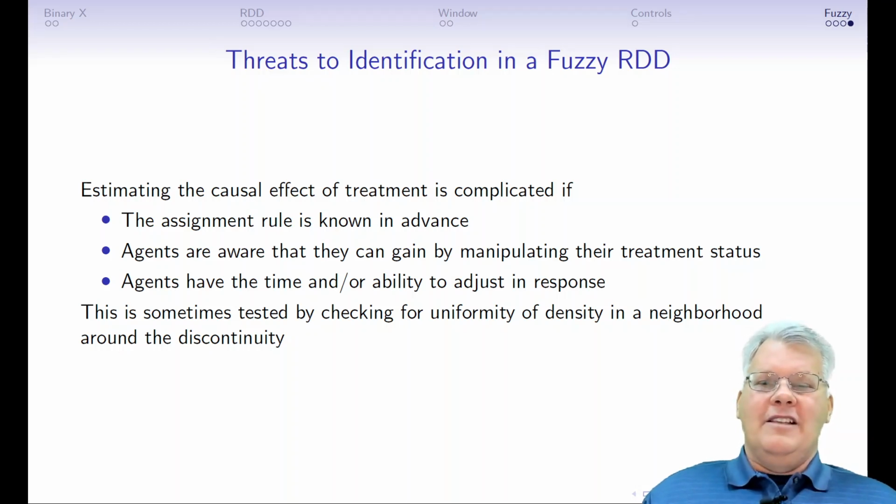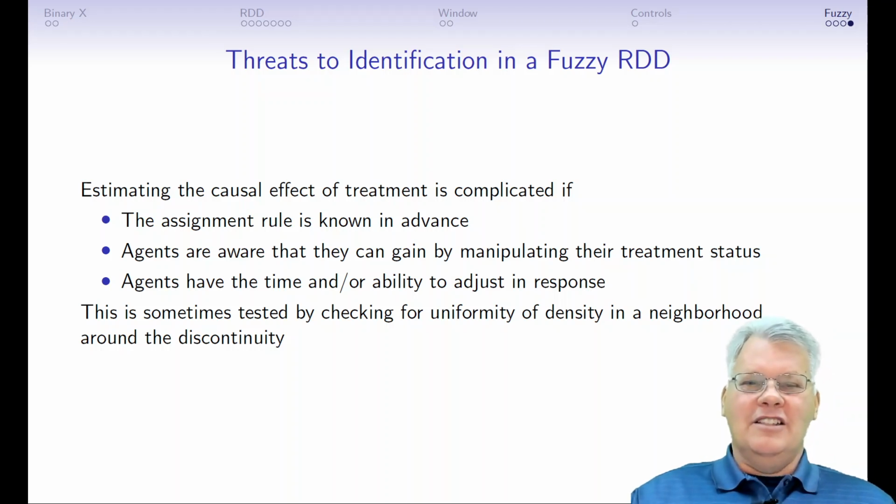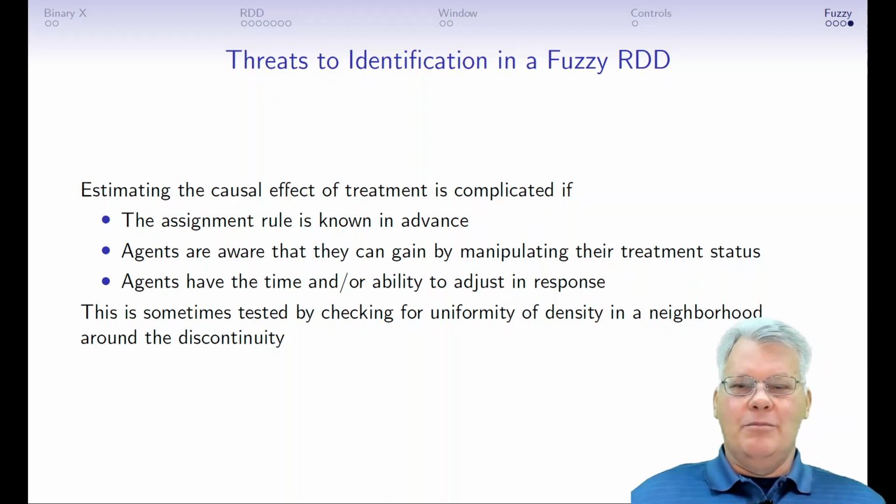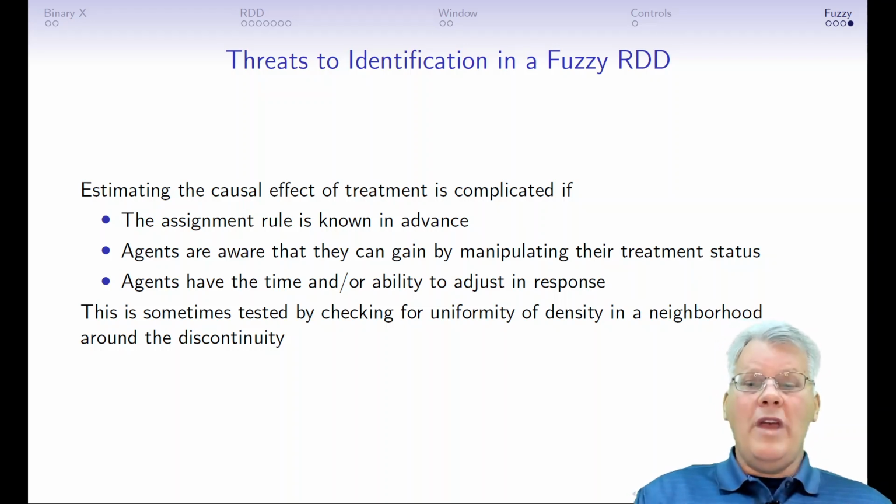So one of the things that Professor Cunningham mentioned in his causal inference book is that one way to check for this is checking for uniformity of density in a neighborhood around the discontinuity.